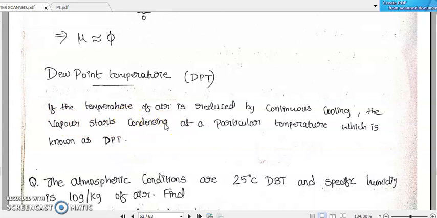It can be the surface of an automobile, the green leaves of vegetables, trees, other vegetation, etc. That condensed water vapor is what we see as the morning dew. This phenomenon, or the temperature at which this dew formation happens, is called the dew point temperature, in short DPT. With this idea, let us try to solve some problems in air conditioning that we will be discussing later.